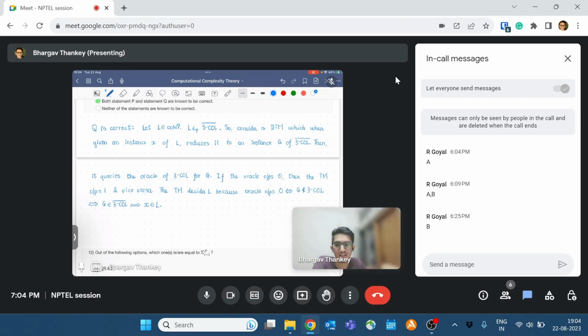Since this theorem is going to be covered next week, would you be covering this diagonalization thing in the next week? Okay, I can take the last half an hour of next week to cover diagonalization. Yes, that would be really helpful.